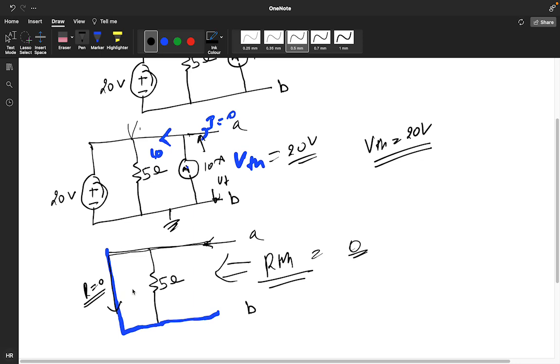So even if you do the parallel, you will get 0 into 5 divided by 0 plus 5, then RTH is coming 0. Okay. So what is the VTH you are getting? Positive, negative, 20 volt, and this is your 0 ohm. This is your Thevenin's equivalent.